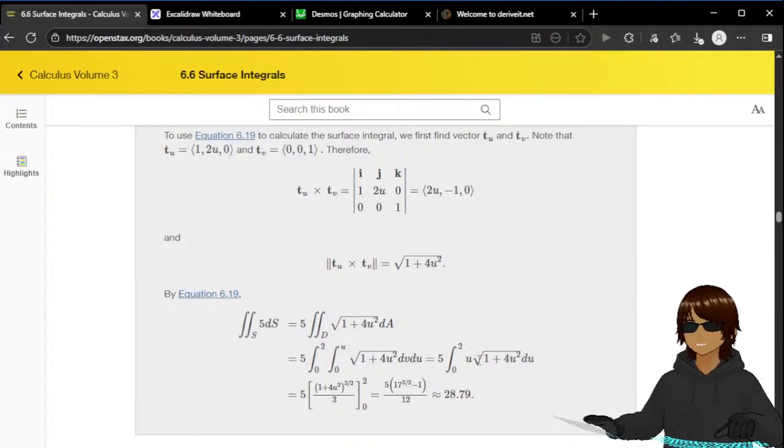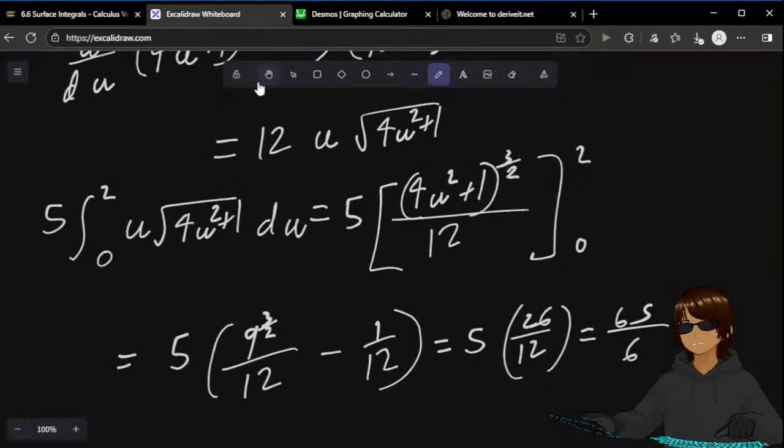Close. Okay, so they did get this. Okay, they did get all the way till here. Why is it 17? u squared. So when we plug in 2, 2 squared is 4. 4 times 4 is 16 plus 1, 17.